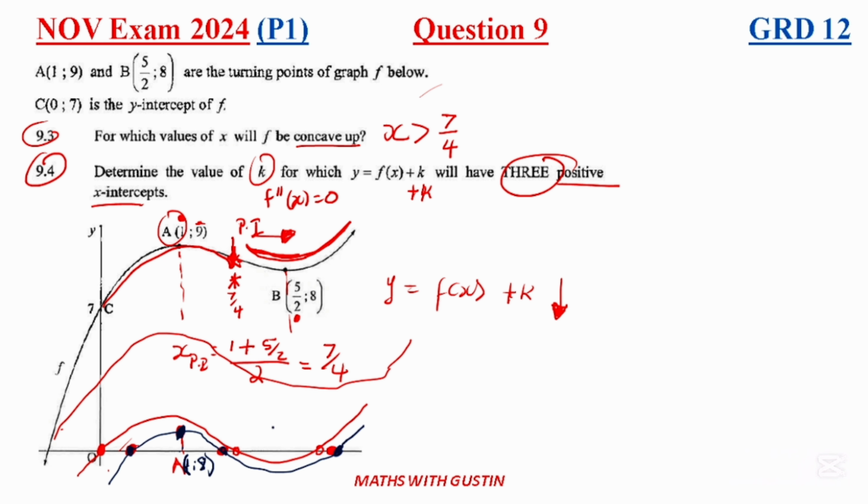Okay, and then what else do we need here? We also need this point here to be low. It has to be low, but it cannot be that this point here is less than 8. I mean it's more than 9, so we're gonna drop it by 9.